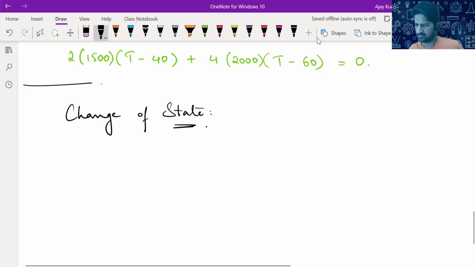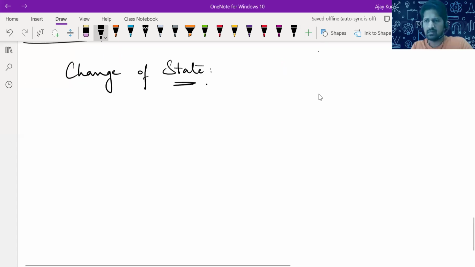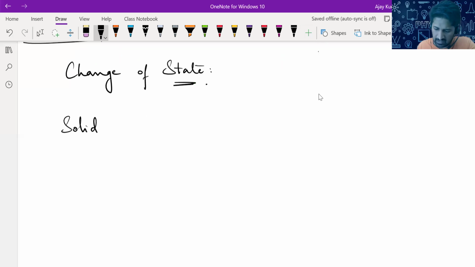Okay, let's take the example of ice itself. Generally, a material can stay in solid form at temperatures less than or equal to the melting point temperature. It can be in solid form exactly at the melting point temperature also, or at a temperature less than that.